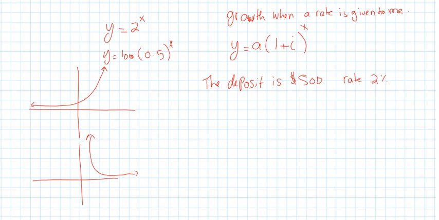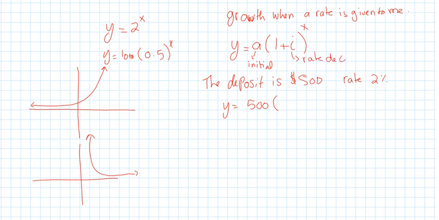All right? So I can use this formula where I plug in for a, which is my initial value. So how much money did you start with? That's the 500. For i I put the rate, but in decimal.